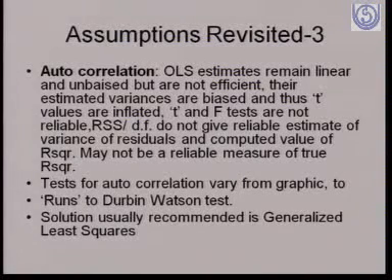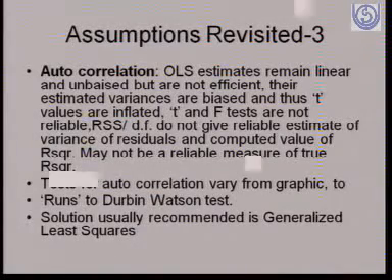Their estimated variances are biased, and thus T values are inflated. T and F tests are not reliable. Residual sum of squares by degrees of freedom does not give a reliable estimate of the variance of residuals, and the computed value of R square may not be a reliable measure of the true R square.